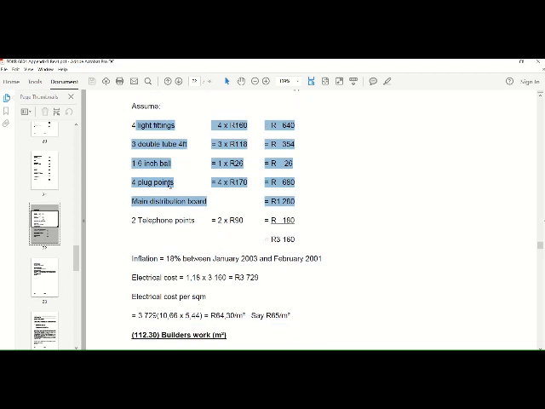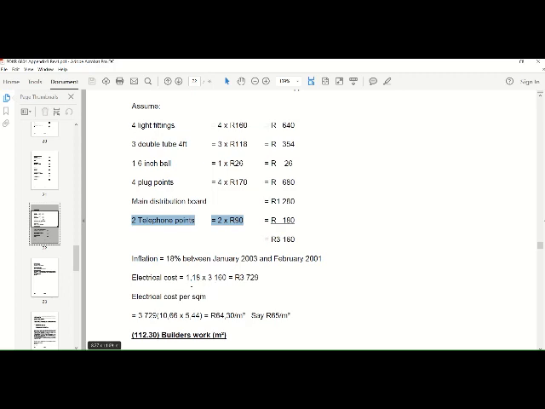Okay, so what they did here is they actually measured out all of the items and the fittings. They added telephone points here, although you can actually do telephone points differently. You can measure it separately and get to a cost like that. Okay, so here they got electrical cost of, so they used old rates and then they just escalated that to a new rate.